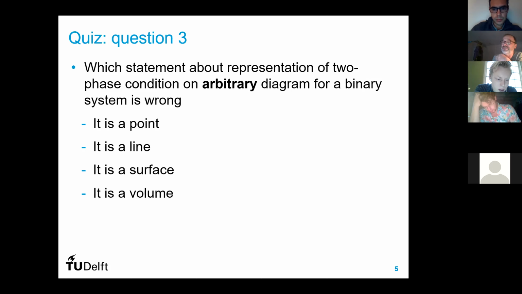You can fix for your diagram pressure and temperature, and then this two-phase condition will be a point. If you fix only pressure, for example, it will be a line. If you're not fixing anything, it will be a surface. But it couldn't be a volume, because you cannot have degrees of freedom more than 2.